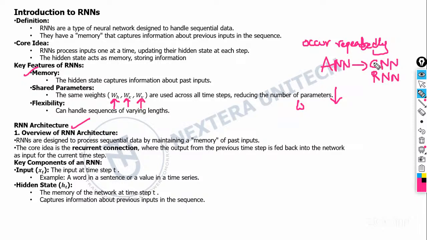So these are the basic neural networks, and they are types of neural networks. If you are not aware of ANN, probably you may not understand RNN. So just go through the previous sessions in which we have covered ANN. We have a separate playlist for ANN. Just go and watch the sessions of ANN.